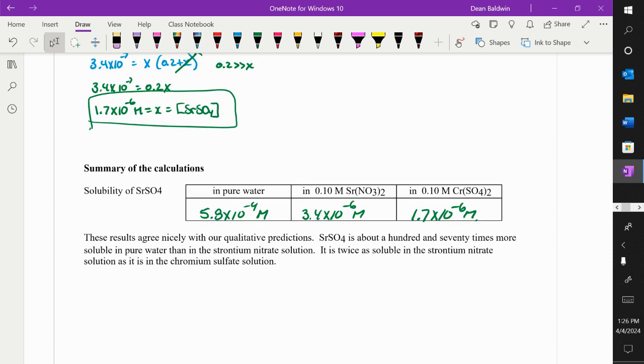If we throw it into a solution that is 0.1 molar strontium nitrate, because strontium is already there, it pushes the equilibrium back, so we actually dissolve less. It's 3.4 times 10 to the minus 6. And if you put it in 0.1 molar chromium sulfate, because it's a 2-to-1 ratio, it stops it even more, and we get 1.7 times 10 to the minus 6 molar. That make sense? Common ions will decrease the solubility of anything. They push the equilibrium back.